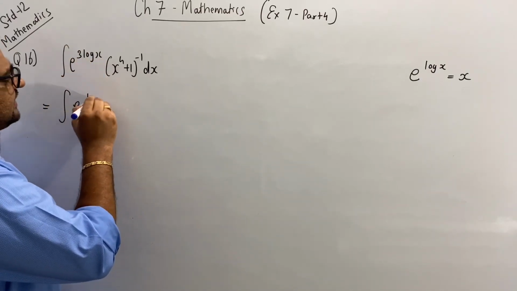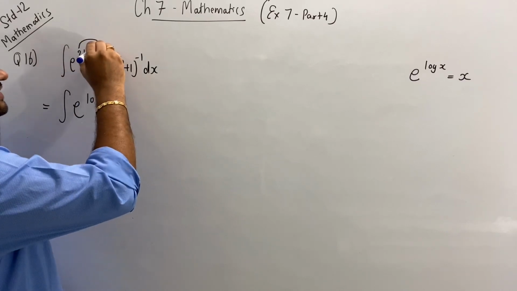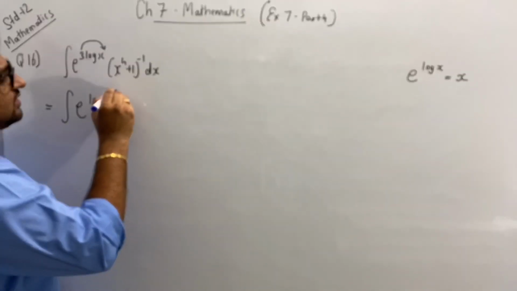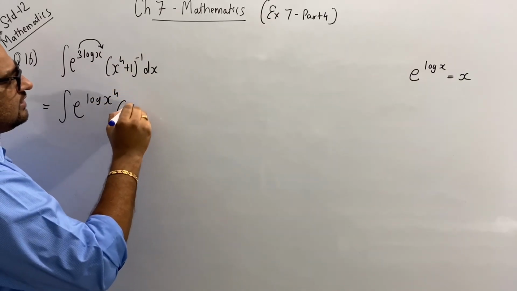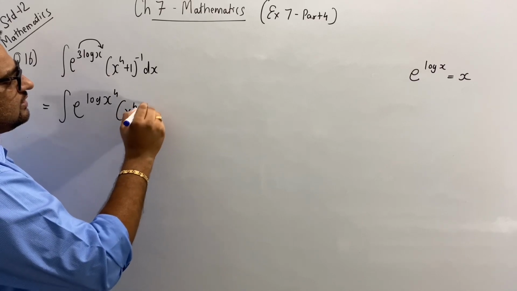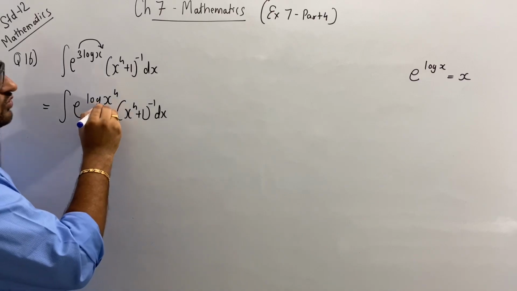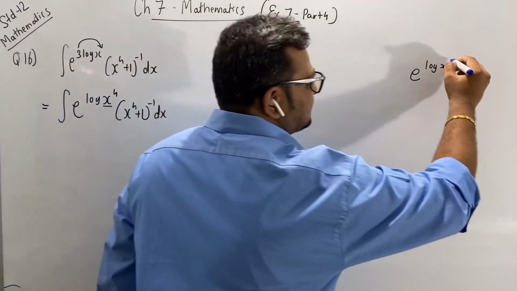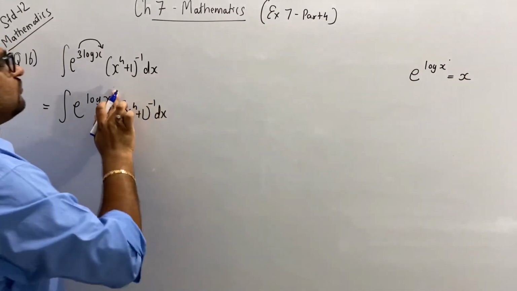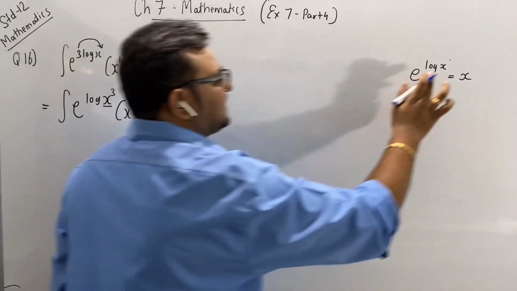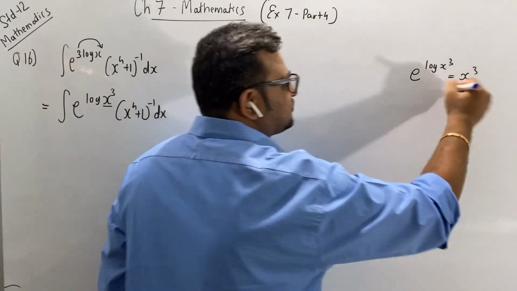So in logarithm, the 3 that is multiplied here will go to the power. Clear? So if it is x raised to 3, this will become x raised to 3.